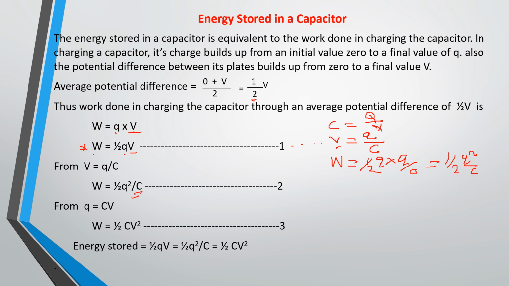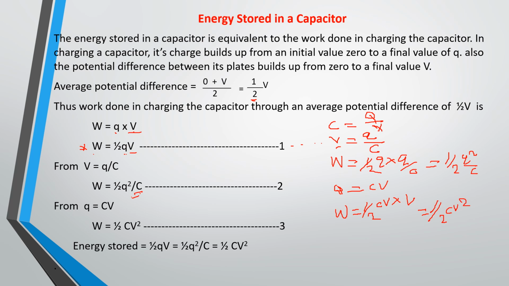Is that okay? Then from Q is equal to CV, substitute that into equation 2. You substitute that, and you have that work done will be equal to half CV multiplied by V. So that gives you half CV squared.